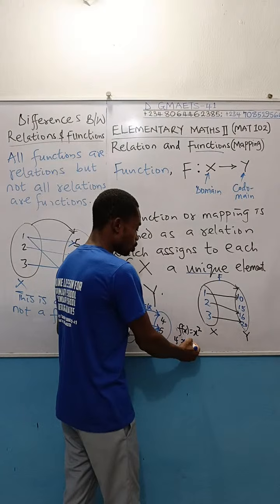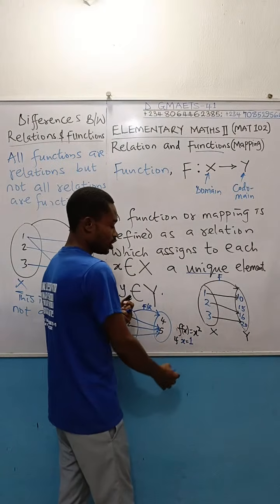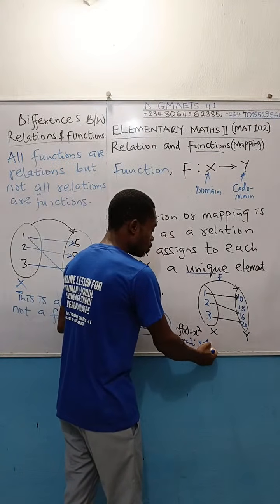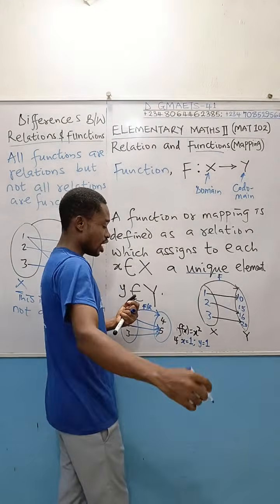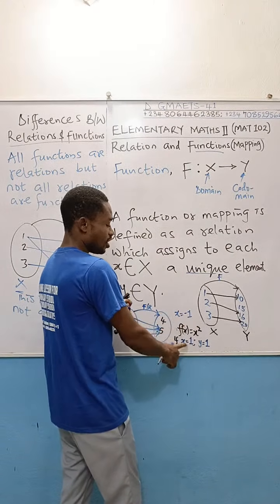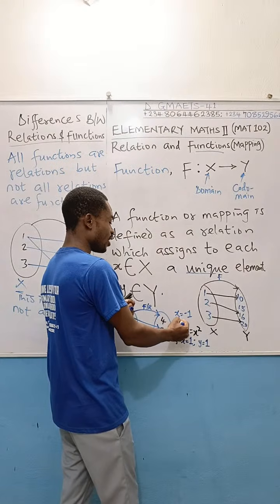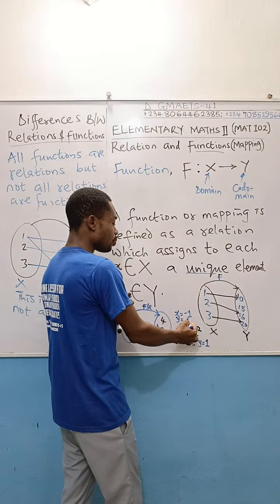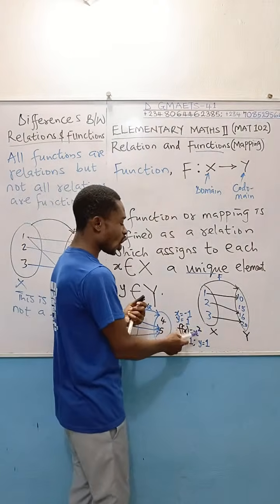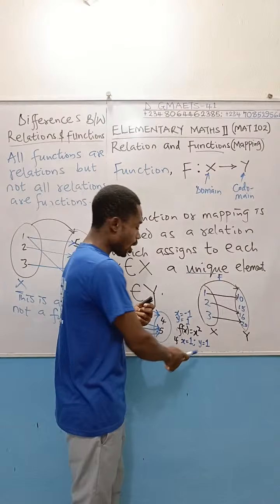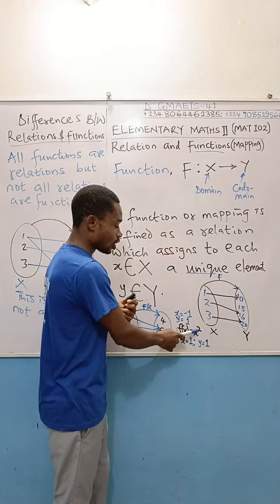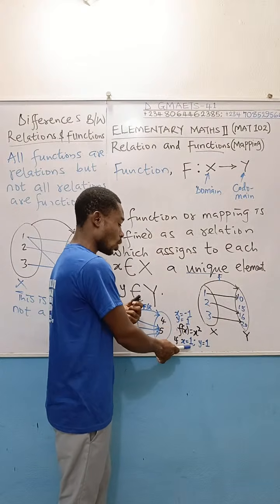If x is equal to positive 1, you will notice that f of x, which is the value of y, will also be 1. Then look at this. If x is equal to minus 1, what is going to be the value of y? Y will still produce 1. So did you notice that when I used minus 1, I got 1, and when I used plus 1, I got 1?